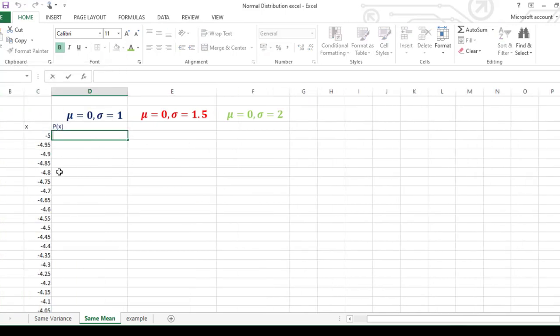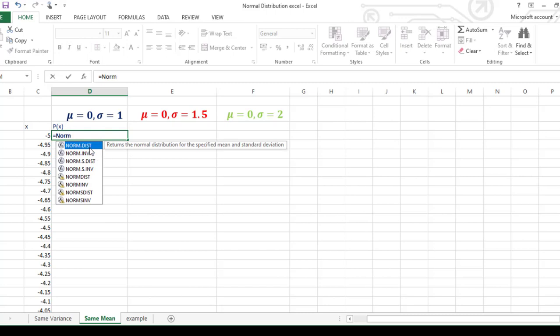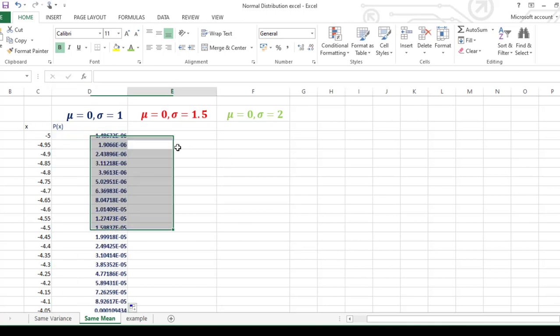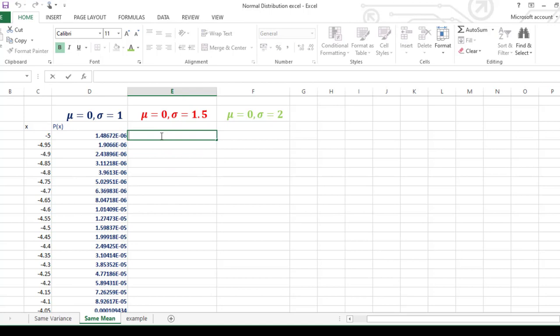Now let us write the probability density for the case when mean is equal to 0 and standard deviation is 1. So again I am inserting the normal distribution function. First I have to write x, then mean would be 0, standard deviation would be 1, and we will be using the false command. Now let us do the second case.